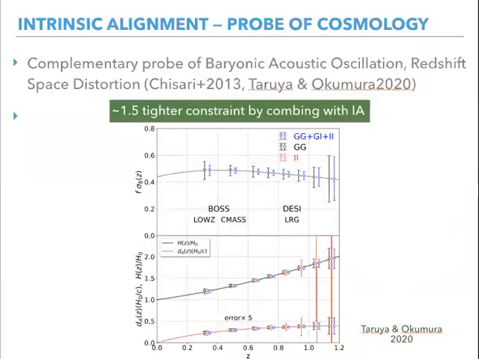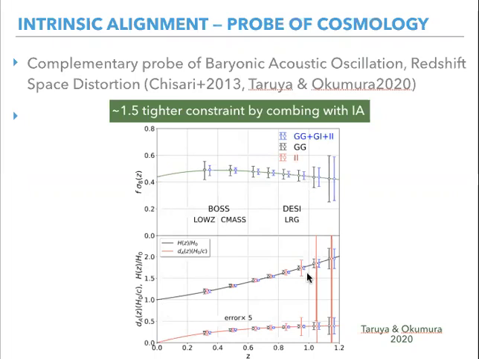People have done some Fisher matrix analysis showing that if we combine the intrinsic alignment measurement with a galaxy clustering measurement for a BOSS-like survey, we can obtain roughly 1.5 times tighter constraints on the growth factor and also the Hubble parameter.